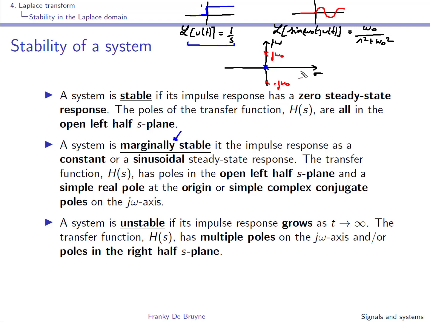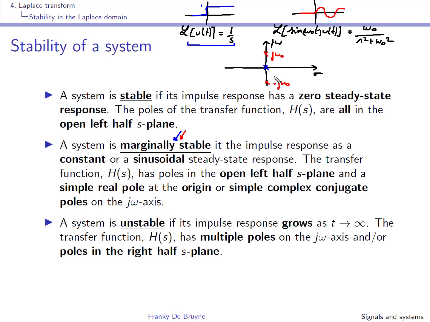So again, we'll call this type of signal marginally stable. This is again with a complex pair of poles on the imaginary axis. So if you have one real pole or a complex pair of poles on the imaginary axis, we'll say that the system is marginally stable.